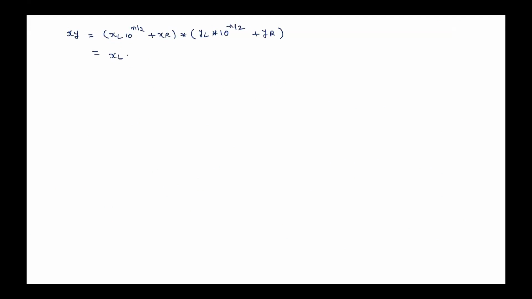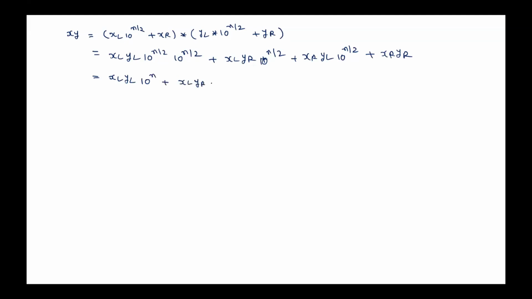So now if we multiply, we get XL YL into 10 power n, plus XL YR plus XR YL into 10 power n by 2, plus XR YR. Is that correct?